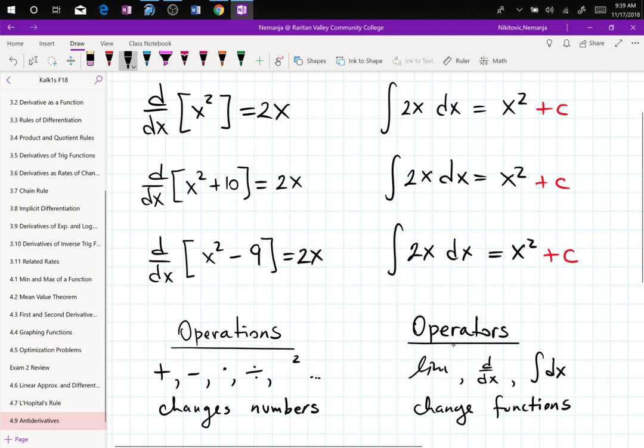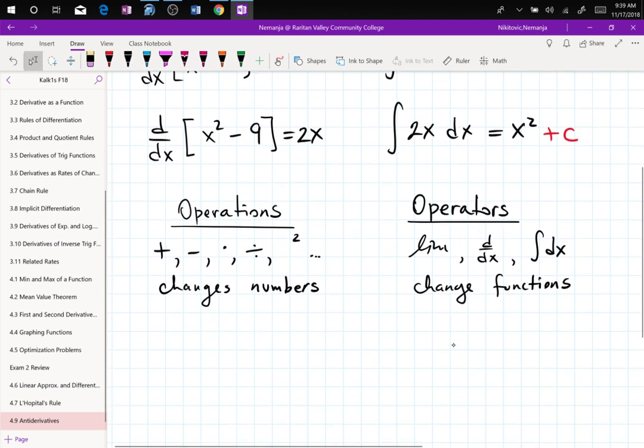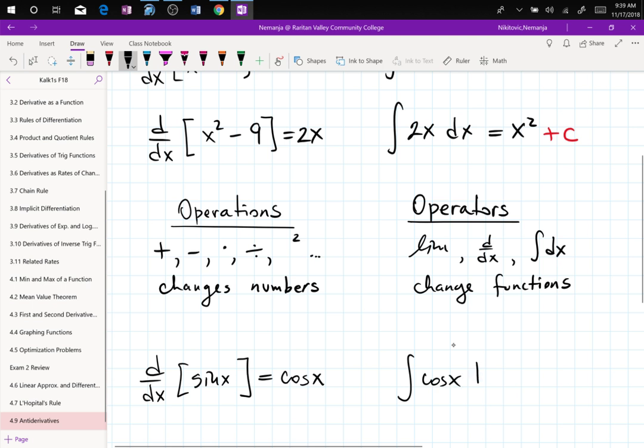So technically, do you know integration already? The answer is yes, if you know your derivatives well already. Because I can ask you, what is the derivative of sine x? And you would say cosine x. So now, what is the integral of cosine x dx?